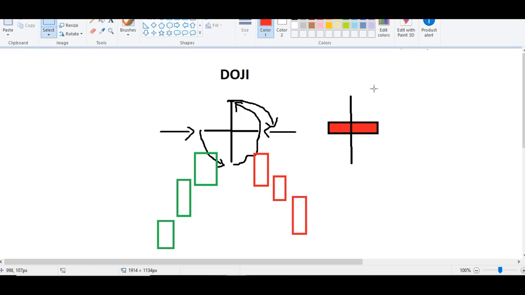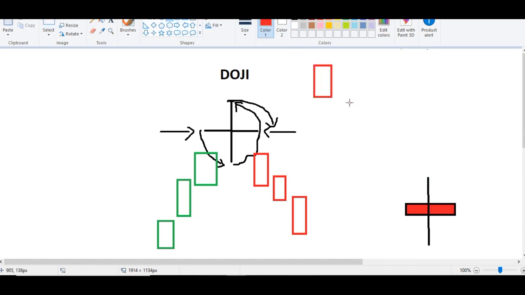And the same thing can happen in a downtrend. Let's say price is going down, going down, going down like this. And all of a sudden, at the bottom of the trend, you see a doji pattern like this. So what is it saying? It's giving a big alert and saying price may reverse from here. Why is that?